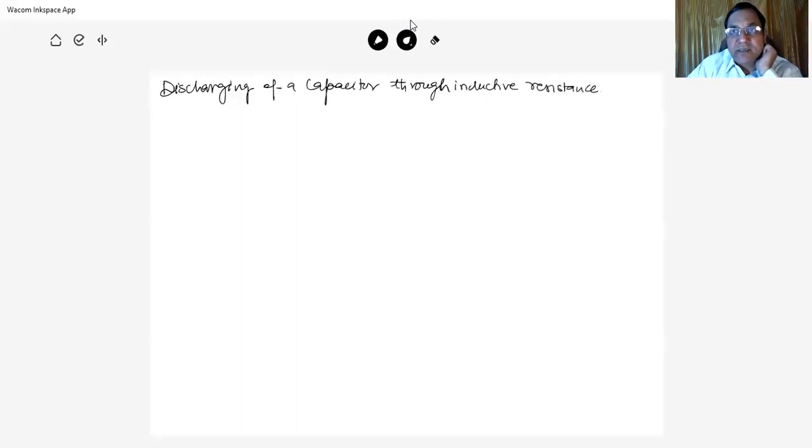So the circuit is something like this, this is the inductor, and here it is the resistance.